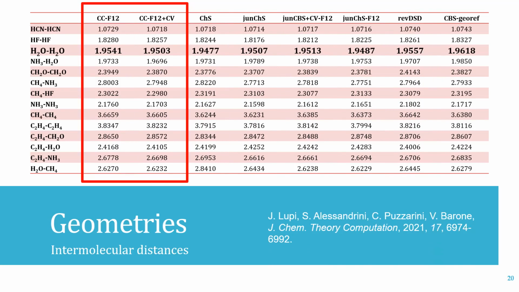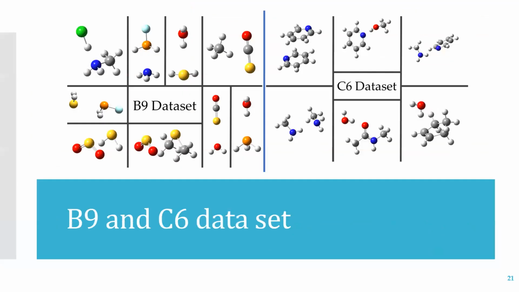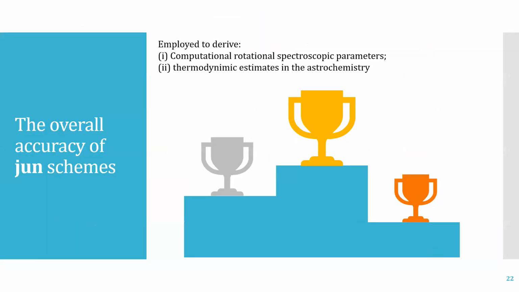A summary of this work is reported in this paper with all the other collaborators. And in the paper, we have extended our methodology to larger systems, larger in size, and also larger in terms of atoms, so atoms of the third row of the periodic table.